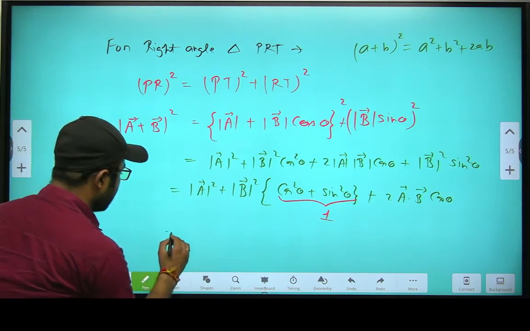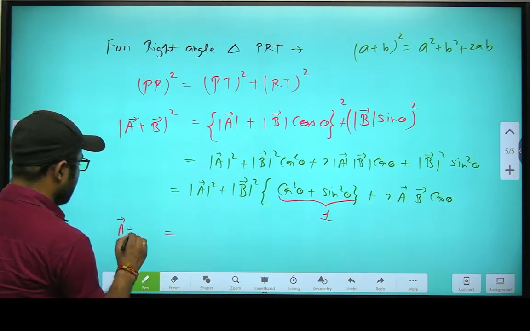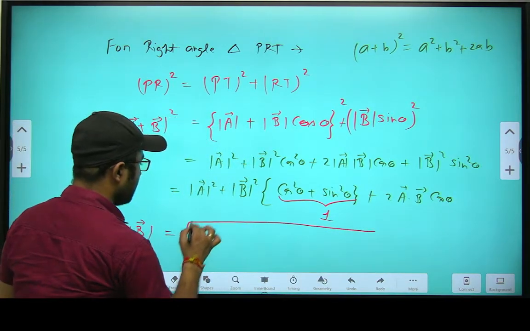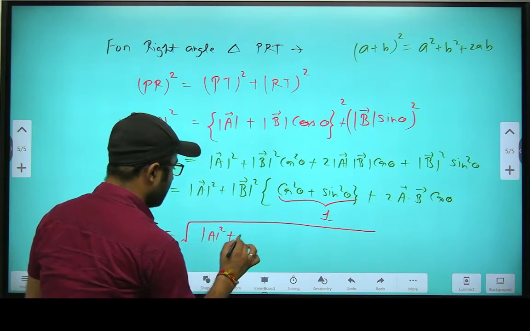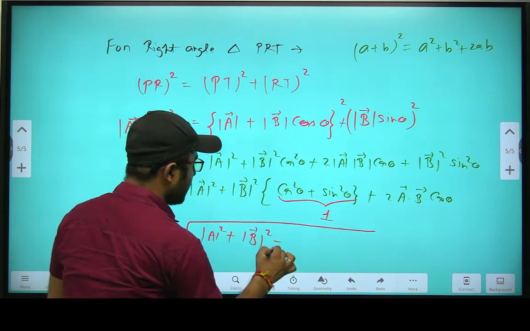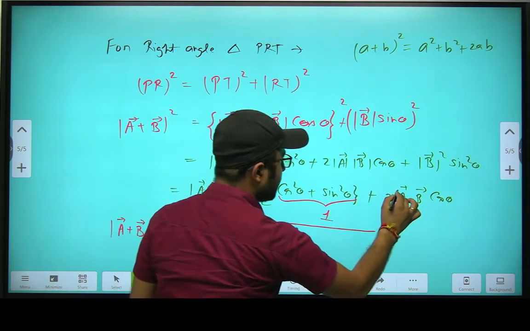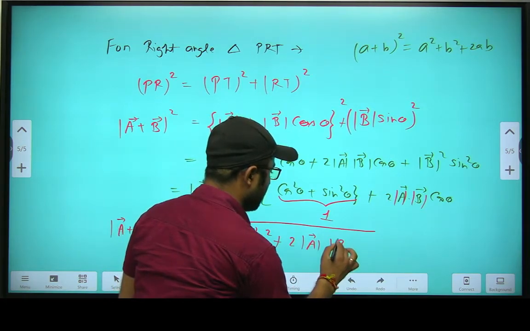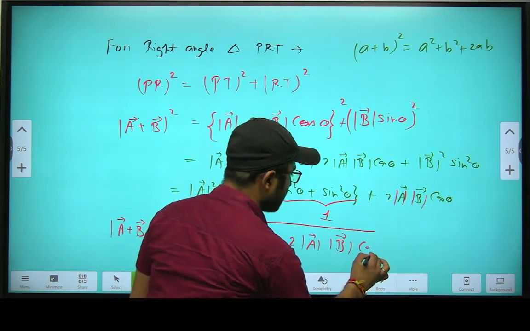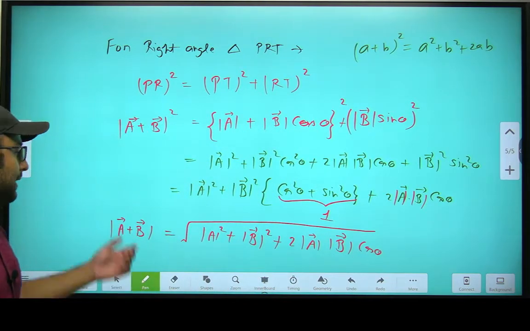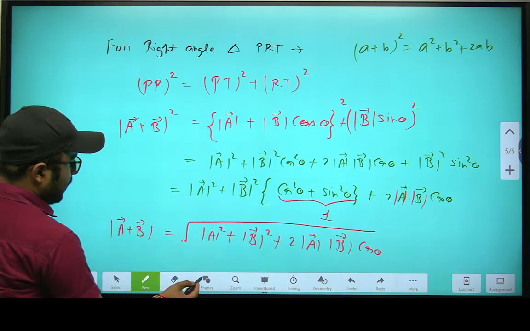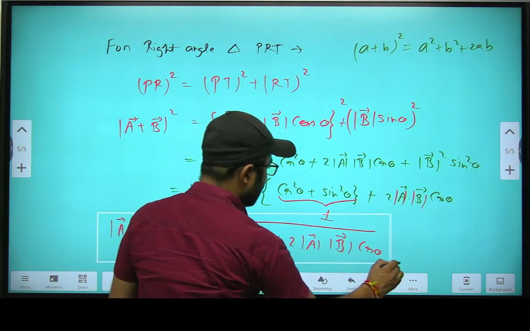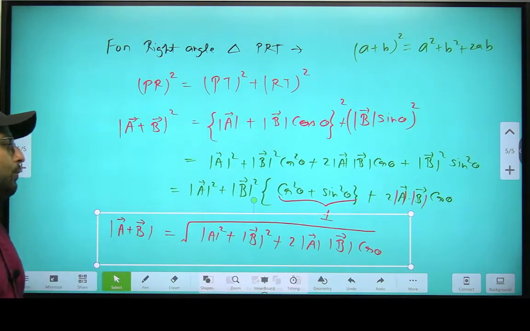So we can write this as mod of A plus B equals under root mod A square plus mod B square plus 2 mod A mod B cos theta.